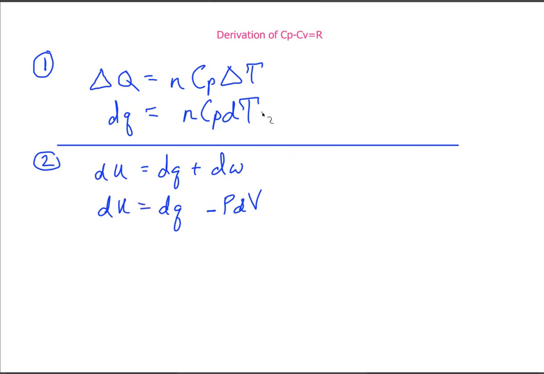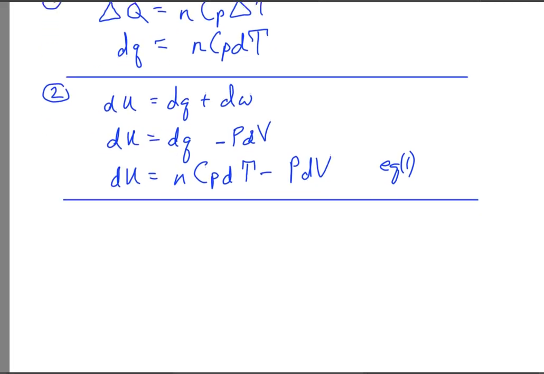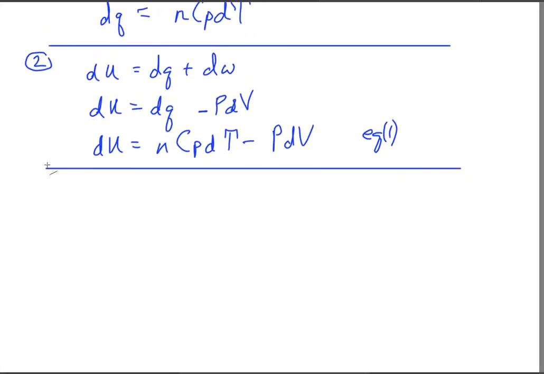Then we're going to make a substitution. dQ is n Cp dT. We just derived that. So we go with dU is equal to n Cp dT minus PdV. And we will call this equation 1, and we shall remind ourselves that this is at constant pressure.